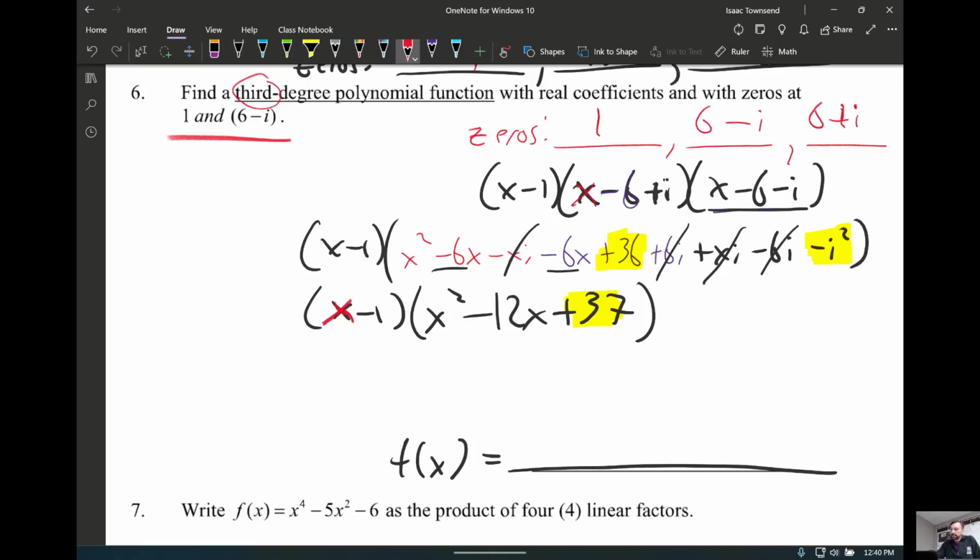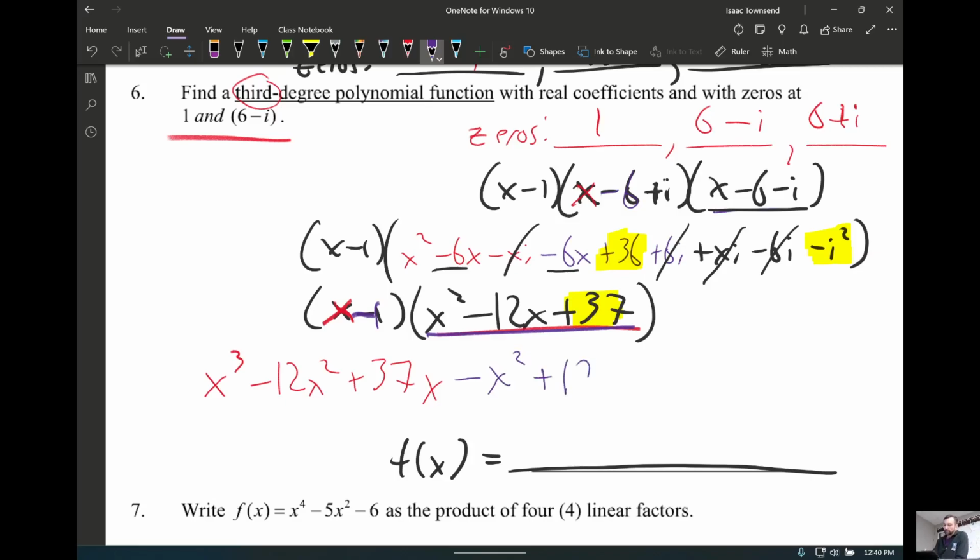So x needs to go to all three of these. Then -1 needs to go to all three of these. 2 terms times 3 terms should give us 6 terms. And now just combine like terms and we've got our answer.